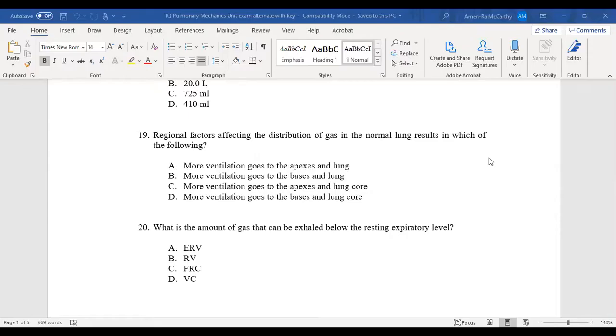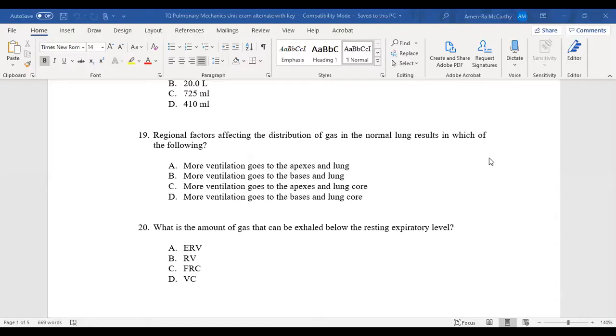So it's B. More ventilation goes to the bases of the lung. Don't worry about that lung core stuff. We haven't talked about lung core, so that's just something they threw in there. But more ventilation goes to the bases.